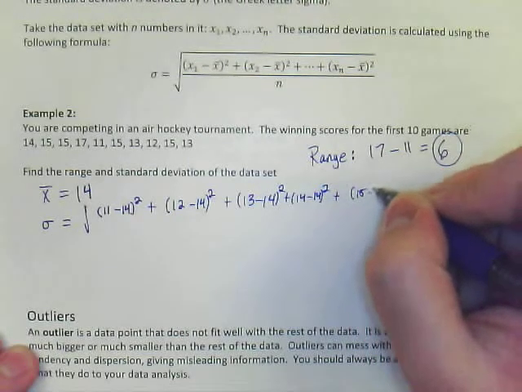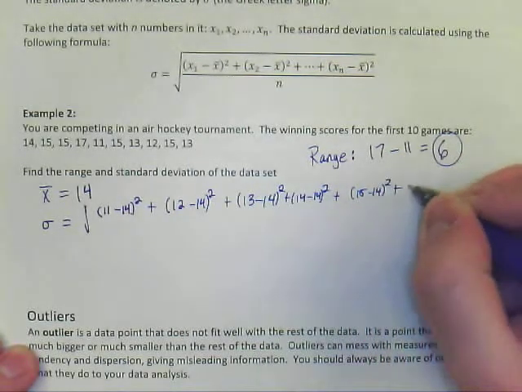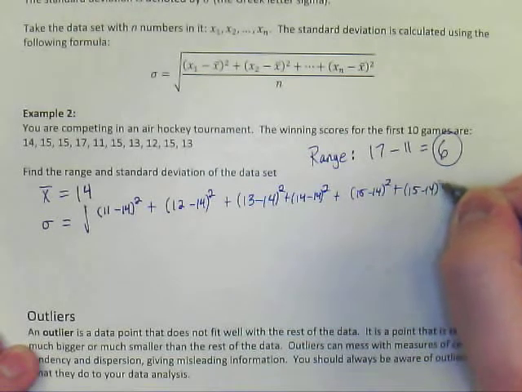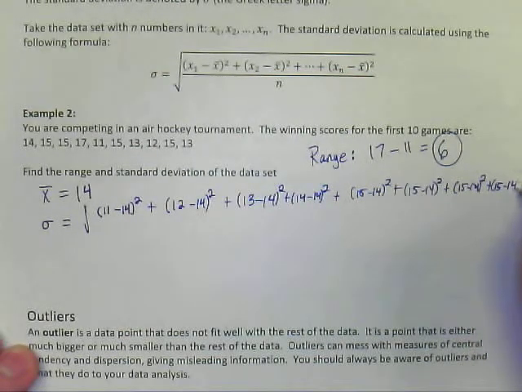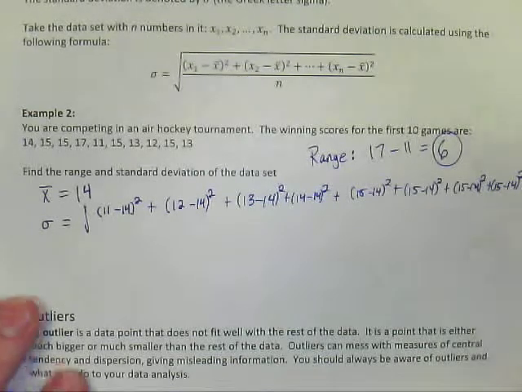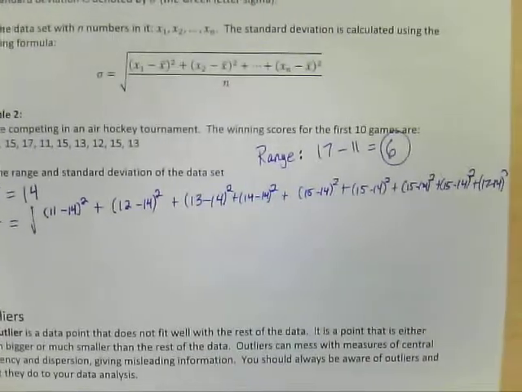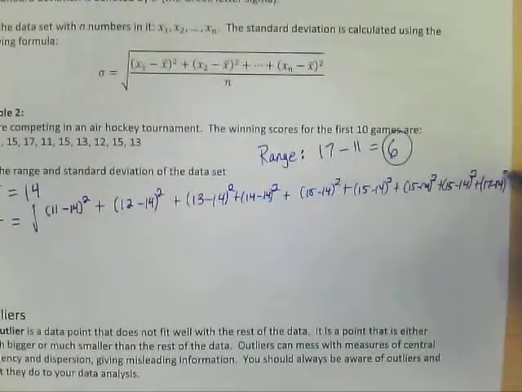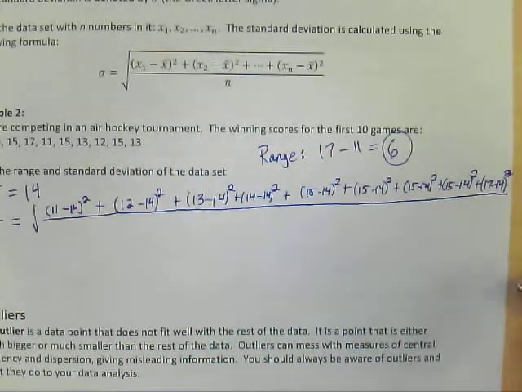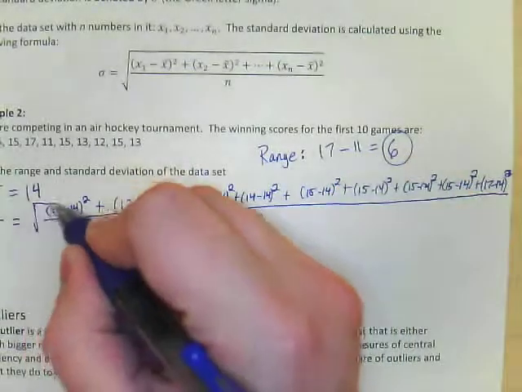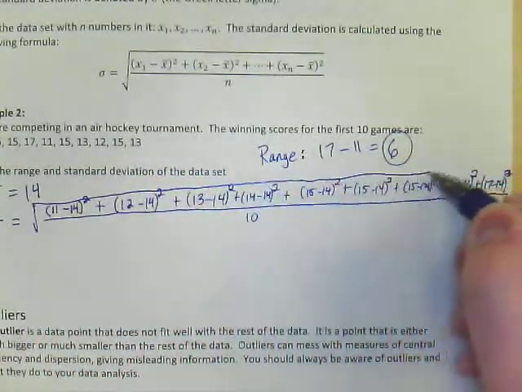Then 15 minus the average, square it, and do that a couple more times because we've got several 15s. And then all the way up to the last one, which is 17, and then square it. Then divide all of that by the number of data points that we have, that's 10, and then again take the square root of all of that.